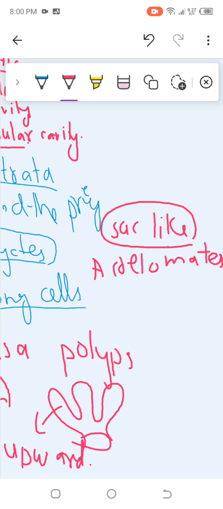Now here in Cnidaria, the main point which must be asked is that the first neuron came in phylum Cnidaria.